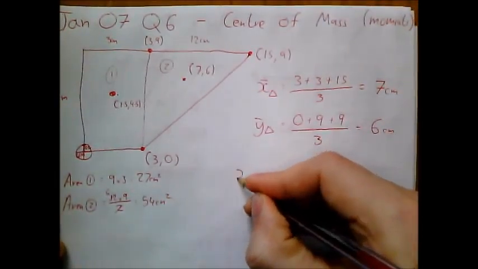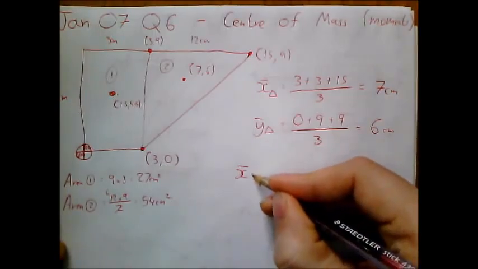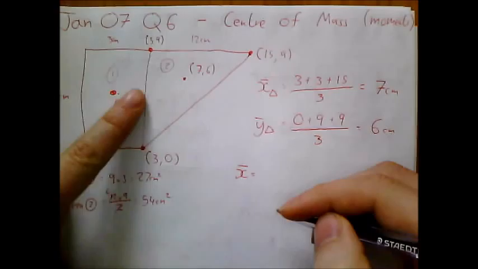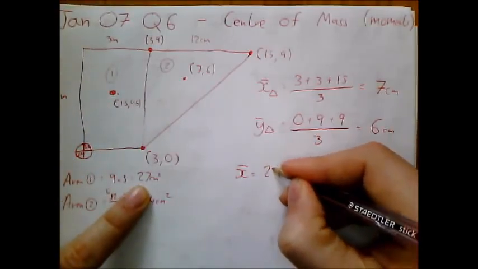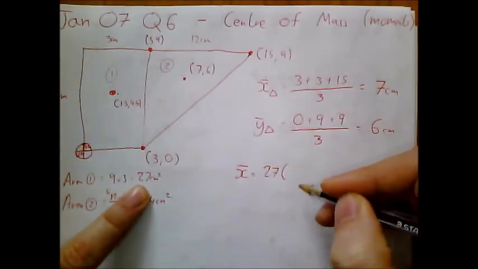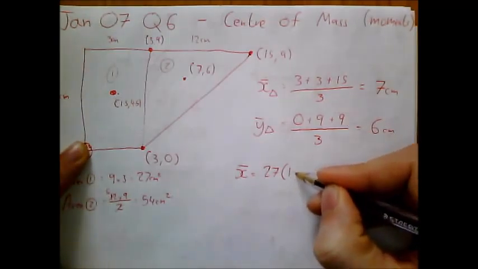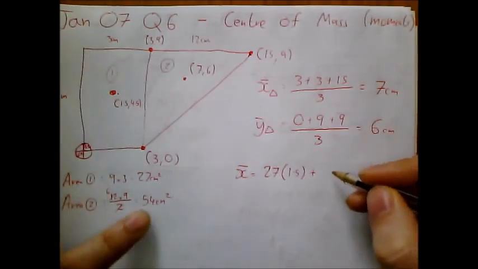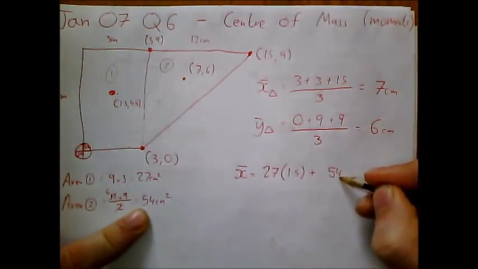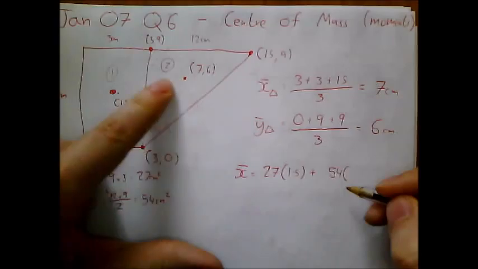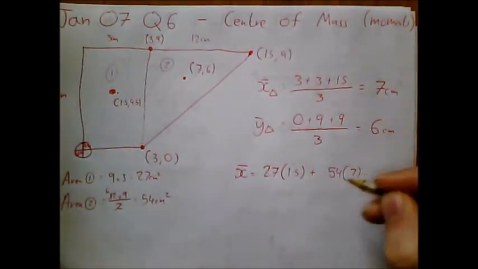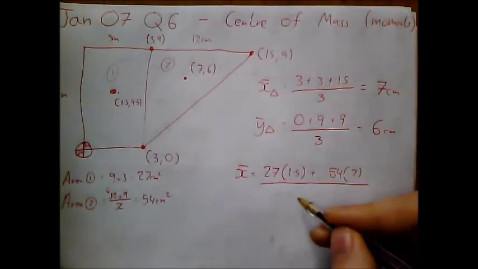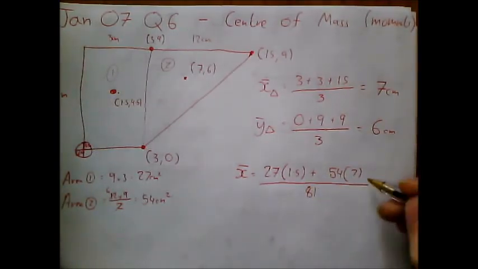So x bar is the area of shape 1, 27, which is 1.5 centimetres away from the datum position in the horizontal plane, plus the area of shape 2, 54, which is 7 from the datum position, all divided by 27 plus 54, which is 81.